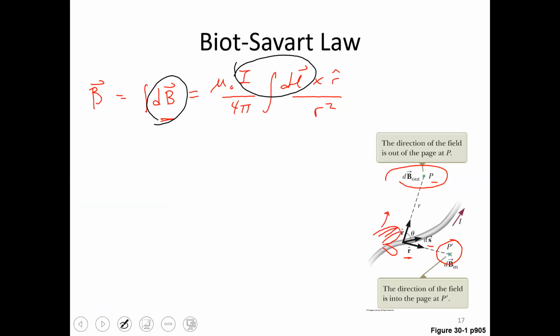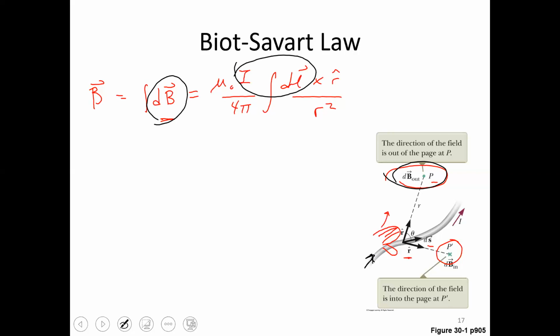To find the total magnetic field, you've got to include all currents that are contributing to this space, right? So if we're only looking at this wire, we're only looking at the magnetic field caused by this wire. To get the magnetic field overall, we'd have to include any circuit elements, any current elements nearby.